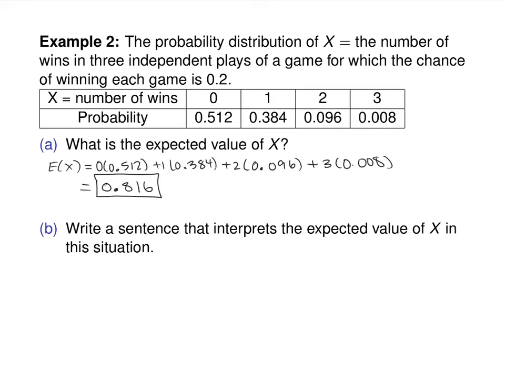So write a sentence that interprets this in these situations. And this is the long run average. So you have to somehow tell me that this is a long run average.